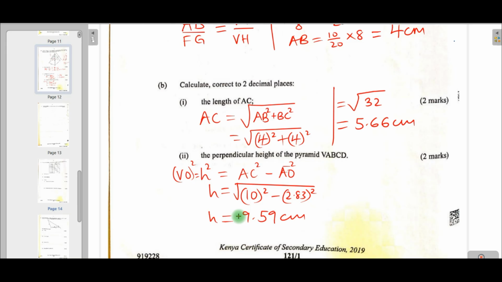Then the last part of the question we're going to look at: the pyramid VABCD was cut off. Find the volume of the frustum correct to 2 decimal places.